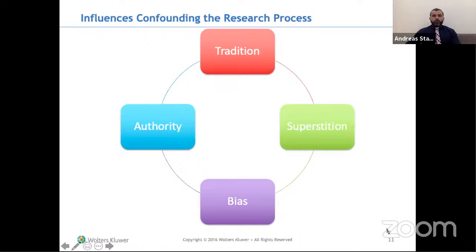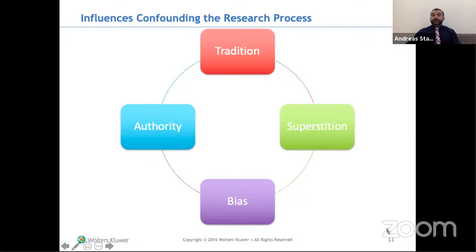Now, forces that drive the research process: tradition, right? If something has been working for 5, 10, 20 years, maybe we don't even know why it's working, but if it's working, a lot of times we don't change it. Superstition has to do more with the supernatural, right? The planets align this way or that way, and that will affect this. It's something that can drive research methods. Authority.